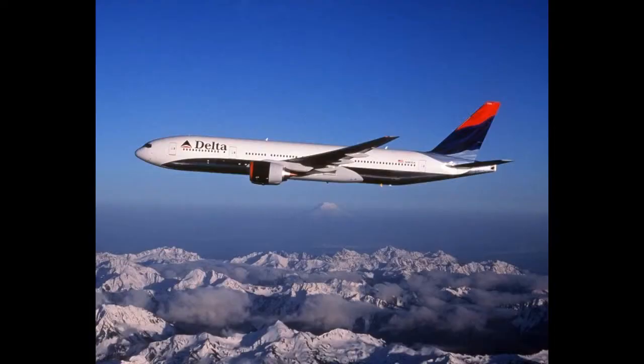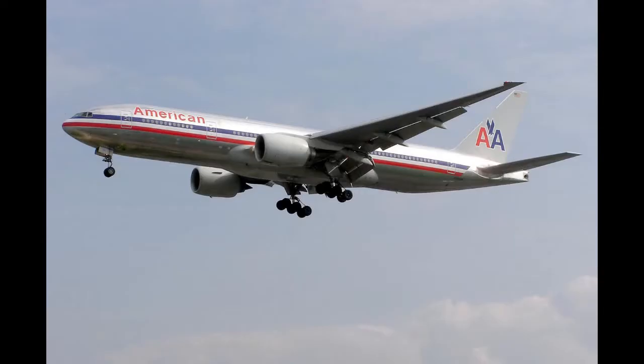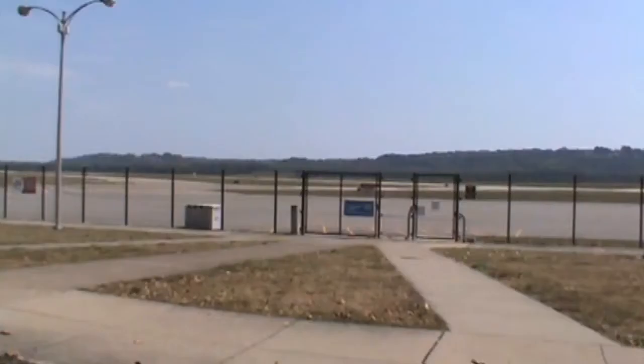We had 3 airlines here: Delta Airlines, Eastern Airlines, and American Airlines. American Airlines started right here at Lunken Airport. If you look at the field, it now has 3 runways, but initially we only had 2.